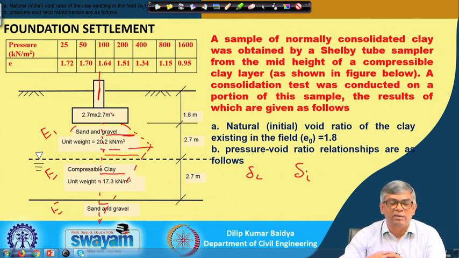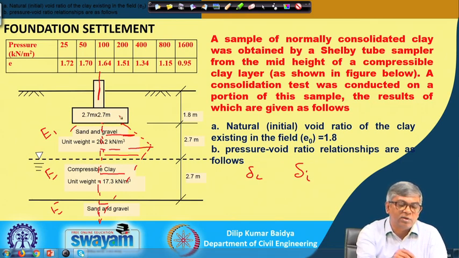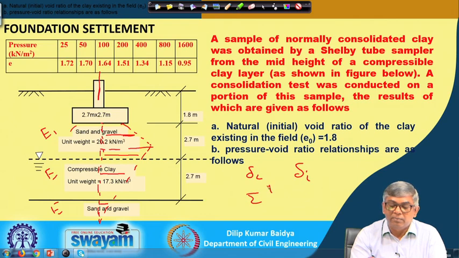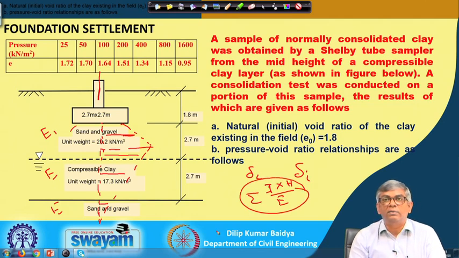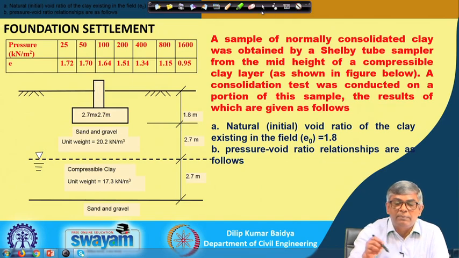So, if you want to find out the total, then in addition to what we have done, you have to use the Newmark method, which I initially discussed: first, corresponding to the footing size, draw the influence diagram, then find out I at respective places, then sigma I multiplied by H divided by E, and by that I can find out the settlement. This is the way one can find out the complete problem.